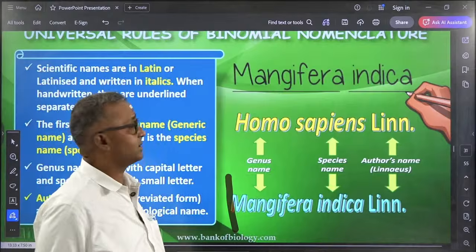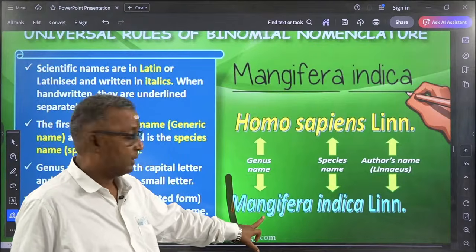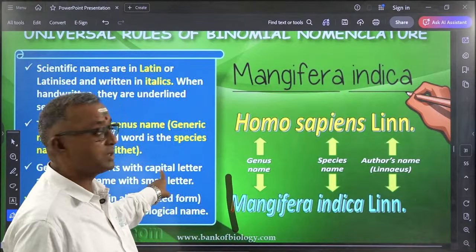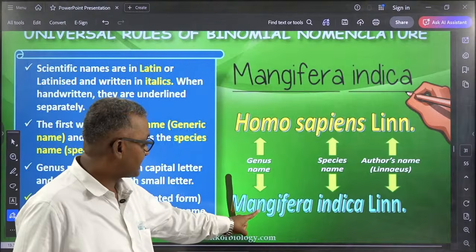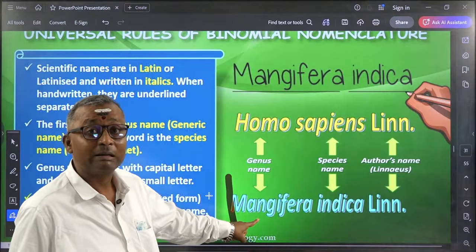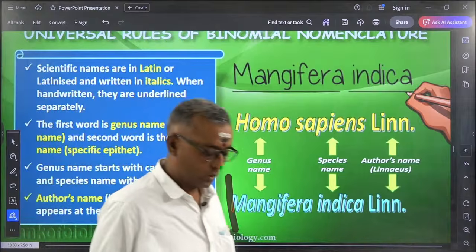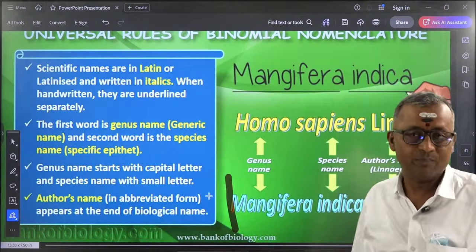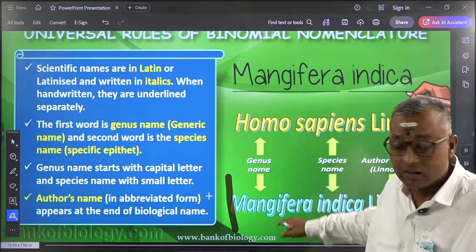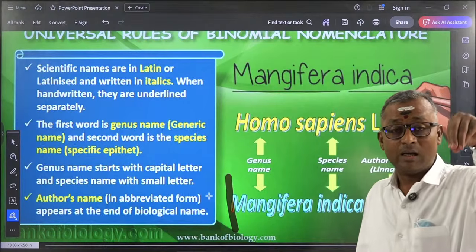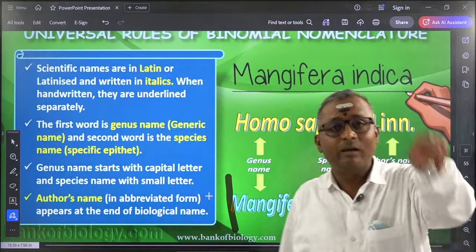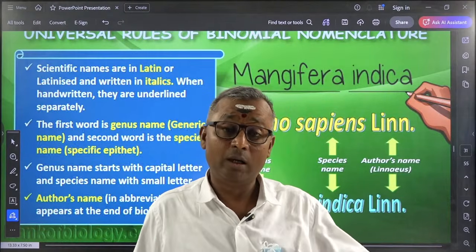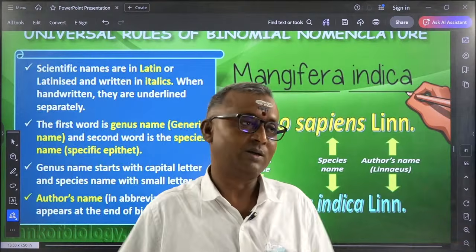Yes, there is a difference. Here we are using a font which is slightly slanted when compared to this. This kind of font is called italics. So when you are writing the names of any organism, it has to be written in italics and it should be given in Latin language, or it may be Latinized or derived from Latin irrespective of their origin.